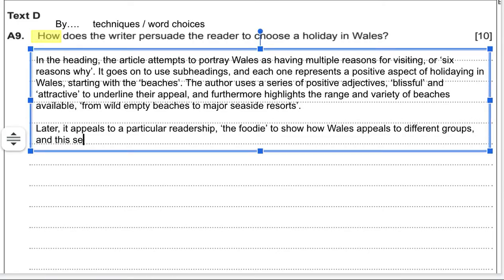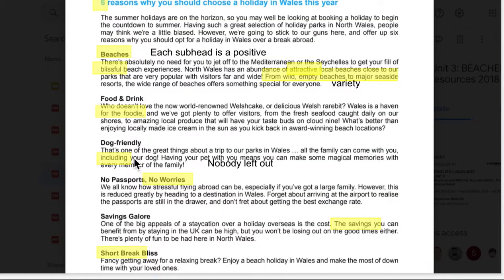And this sense of inclusivity continues as it welcomes dog owners and their dogs. Find the quote that I can use.